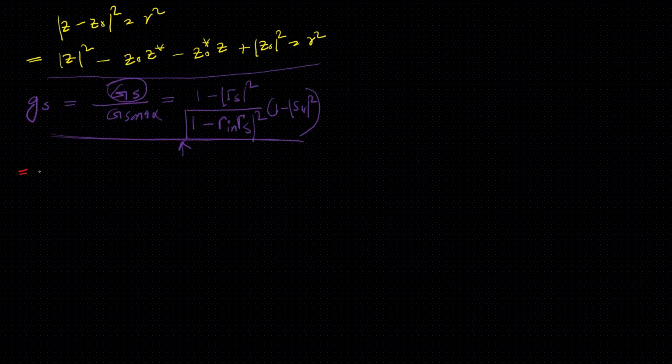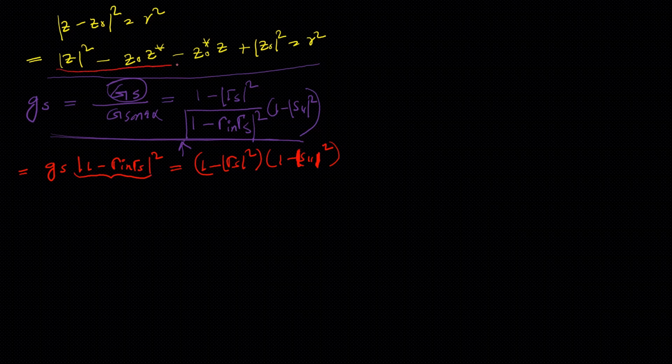So I can expand it as GS (1 minus gamma in gamma S) whole square equal to (1 minus |gamma S| whole square)(1 minus |S11| whole square), and this could be expanded to something like this form.